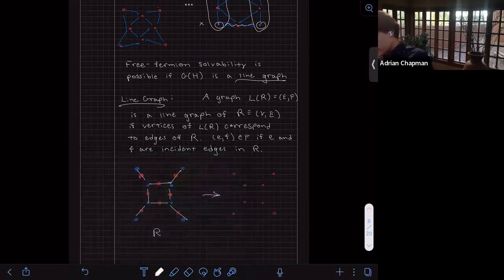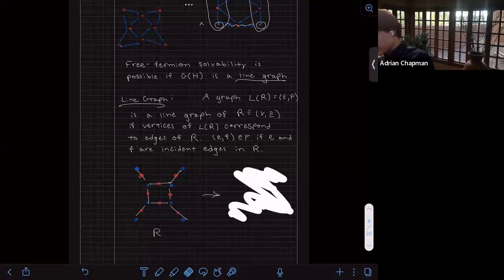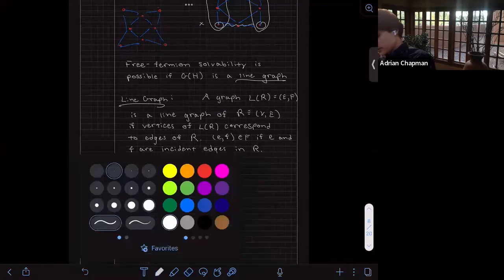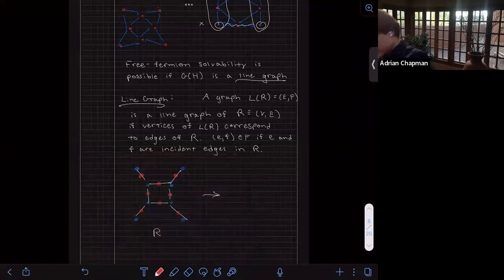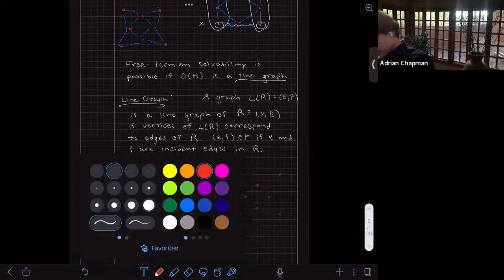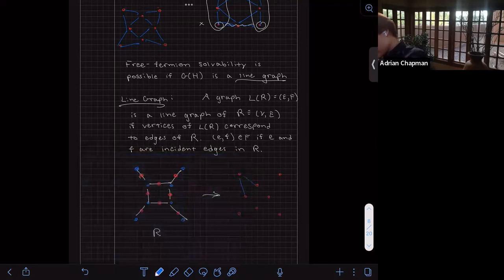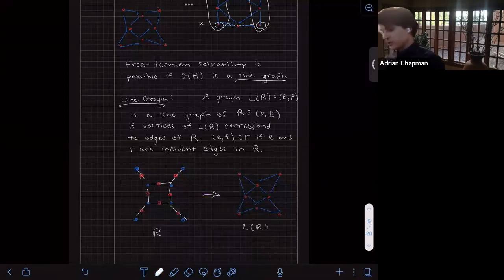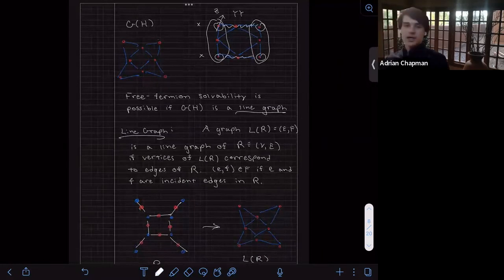Right, so what this shows is that the 1D-XY Hamiltonian with transverse field has a frustration graph that is the line graph of this graph.